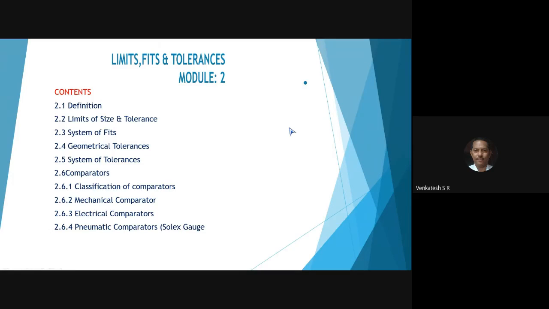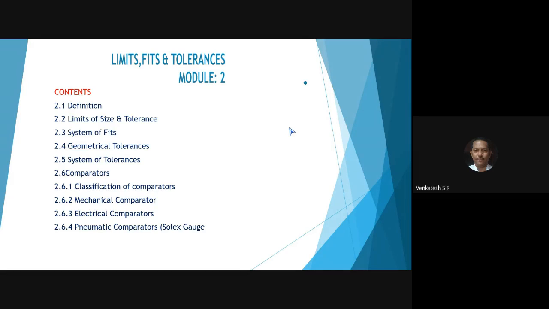This is the new module 2, that is limits, fits, and tolerances. In this chapter, we are going to study the definition of limits, fits, and tolerances, the size and the tolerance, the system of fits, geometrical tolerance, system of tolerance, and comparators.